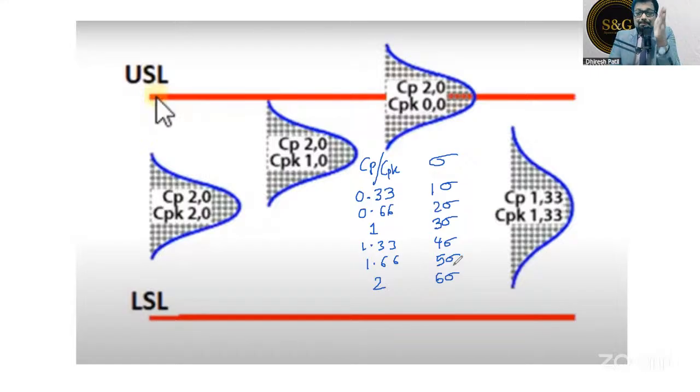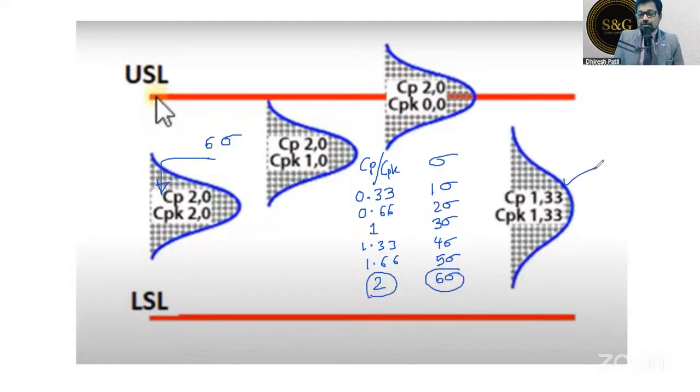So the sigma number is 3 times the Cpk number. Clear? So here you can see over here, this particular process is a 6 sigma process because the Cpk value is 2.